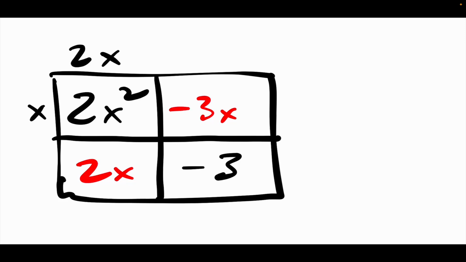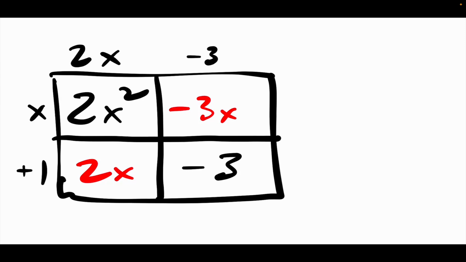So this guy is going to be +1. 1x times what number or what term is going to be -3x? -3, because I already have an x, right? I already got an x there. So -3 times x makes -3x. You'll know you did it right because the last one makes sense. -3 times +1 makes -3. So I did it right.